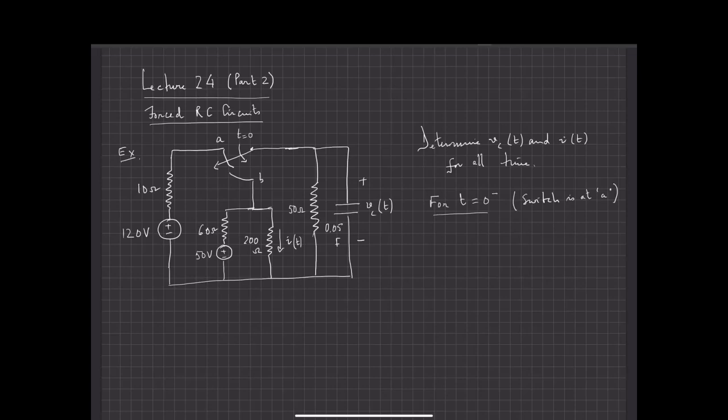That is, from minus infinity to t equals 0 minus, the switch is at A, and because I'm now focusing on Vc of t, the circuit becomes the following.